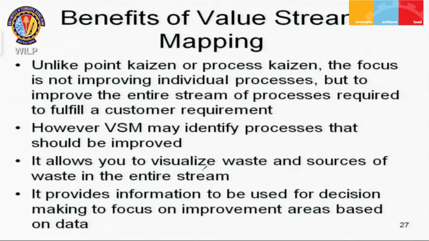Value stream mapping allows you to visualize, because it's a very visual technique, wastes and the sources of waste in the entire stream. Unless you are clear in terms of where the waste exists in the system and you try to improve an individual process without understanding its impact on the overall system, you may improve that process, but the overall system output or throughput may not improve, and therefore you may not necessarily get any benefit in terms of increased revenue or shorter throughput time or better customer satisfaction.